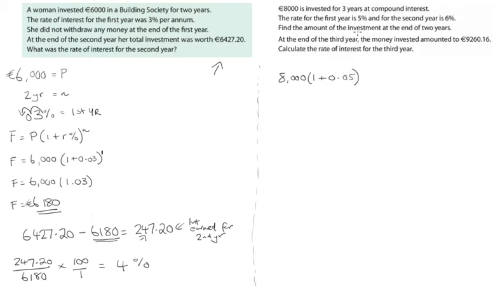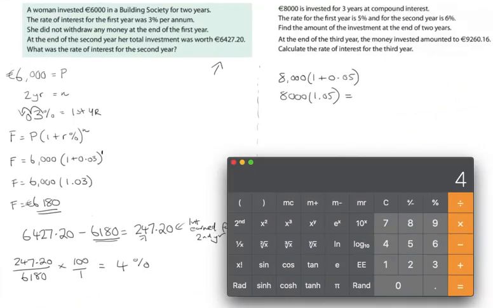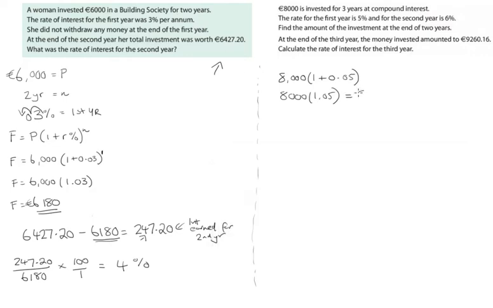So it's 8,000 multiplied by 1.05. And this will tell us the amount at the end of the year. So 8,000 multiplied by 1.05 equals 8,400.